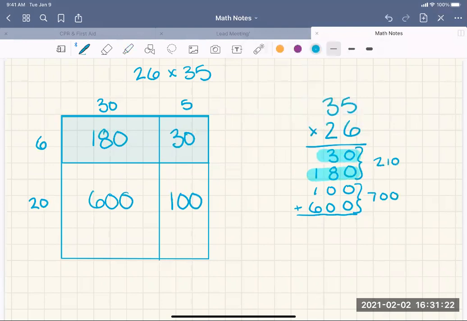So if I put my 35 back together, let's see how I want to draw this. Okay, so if I put my 35 back together, I would really just be adding these 2. And then this whole top piece, we'll use a different color for it, is going to equal our 210.